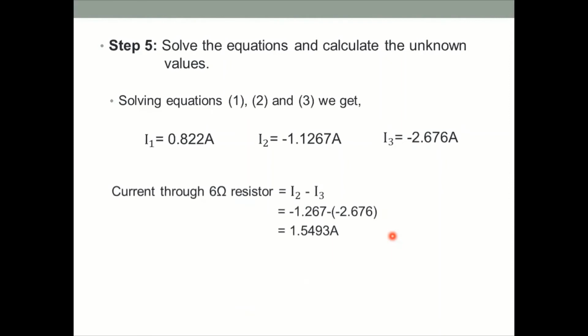Our question is to calculate the current through the 6 ohm resistor. The current flowing through the 6 ohm resistor is I2 minus I3. So we substitute the values of I2 and I3 in this equation, and finally we get the current flowing through the 6 ohm resistor as 1.5493 amperes.